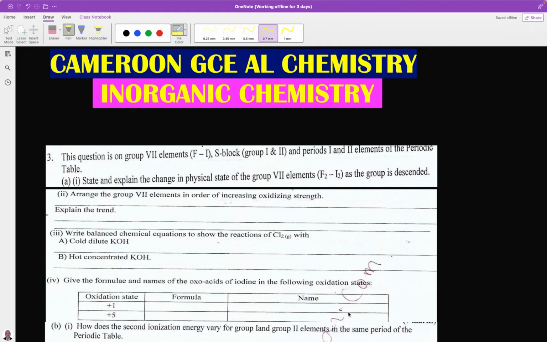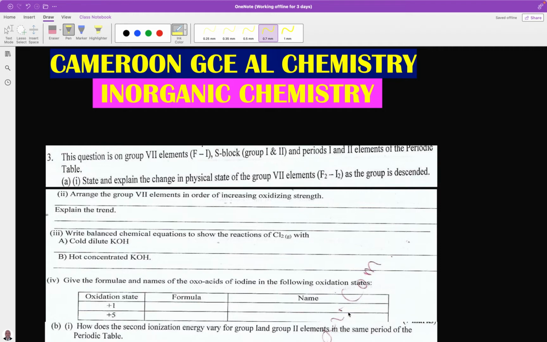So let's get started. We will be starting with question 3. This is June 2020, question number 3. It reads, this question is on group 7 elements. Now the modern periodic table calls it group 17, from fluorine to iodine.